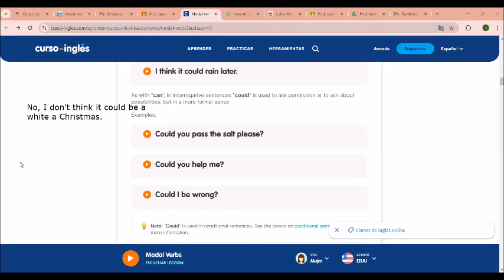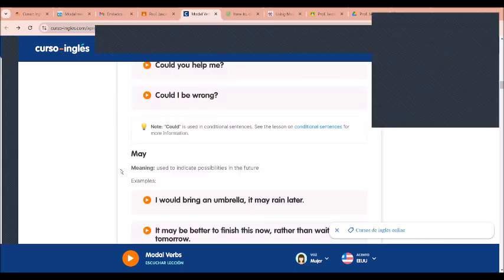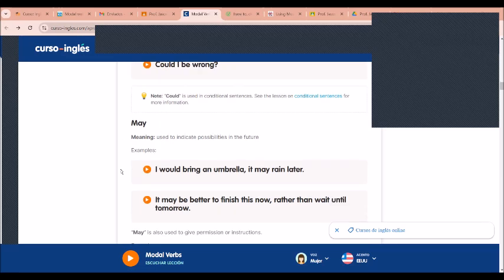At least not this year. It doesn't seem cold enough. Now, don't forget could. We're gonna see it maybe next year when we look at conditional sentences with if and would and will some more. All right, well, let's continue.